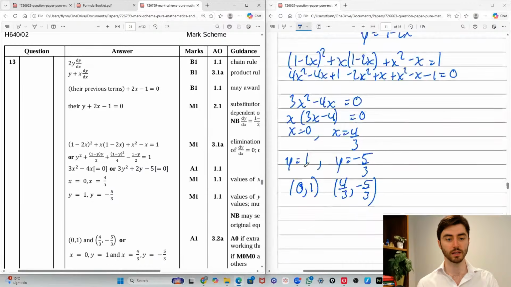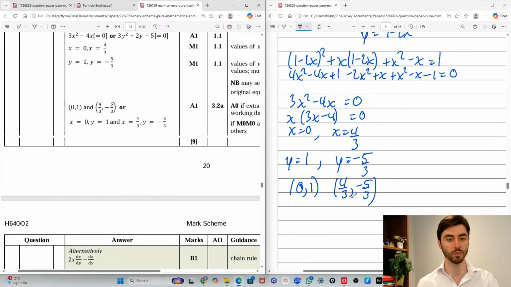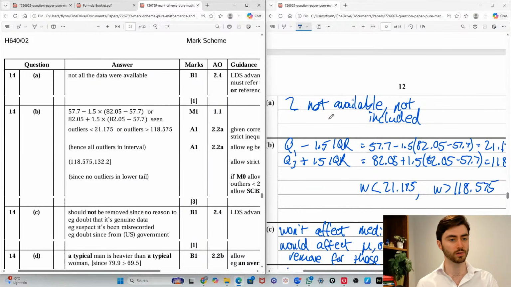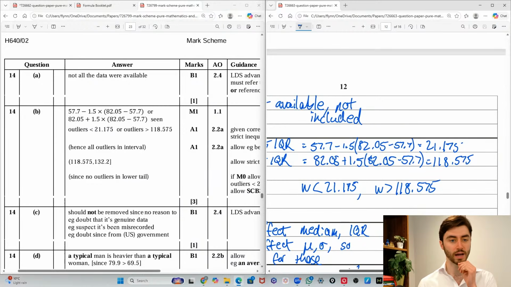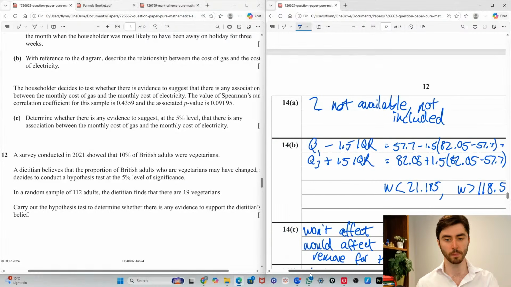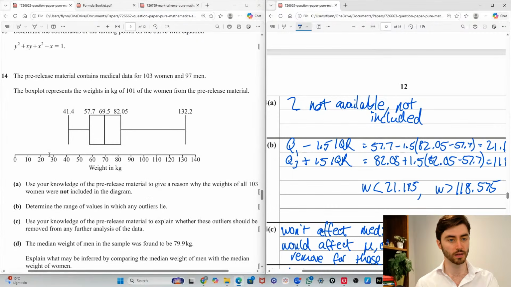For 13, 0, 1, and 4/3 minus 5/3, good. Not all the data were available. Okay, so I did get the right method for the outliers. So it's Q1 minus 1.5 interquartile range, or Q3 plus 1.5 interquartile range. Did I miss something from the question here, I wonder? So 14B.